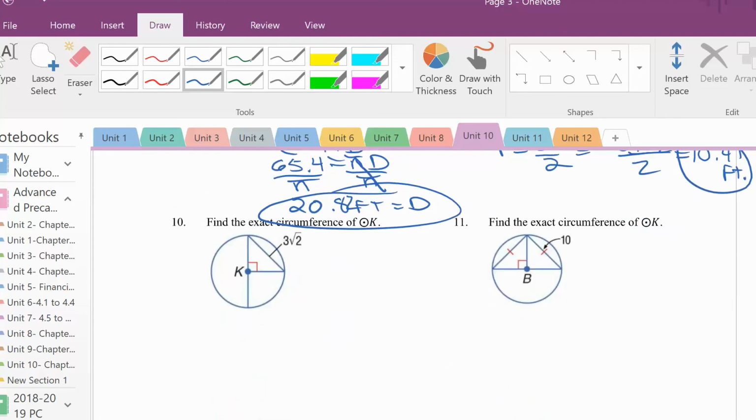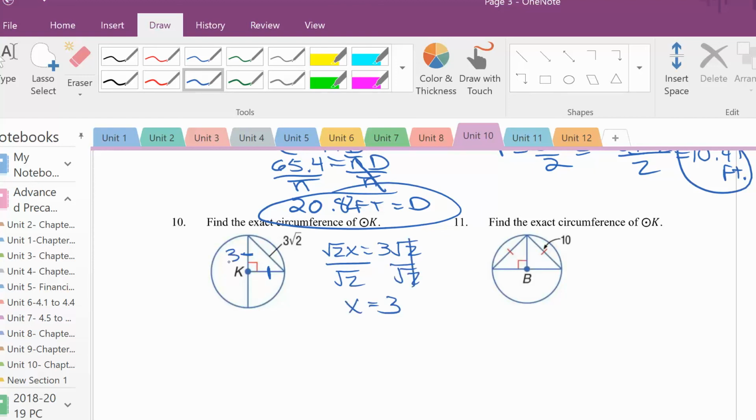All right, so then it says find the exact circumference of circle K. Well, remember these are radii, so they're congruent. So this is going to be a 45, 45, 90. The hypotenuse is 3 rad 2. So that means that rad 2 times x is equal to 3 rad 2. When you divide by rad 2, x is equal to 3.